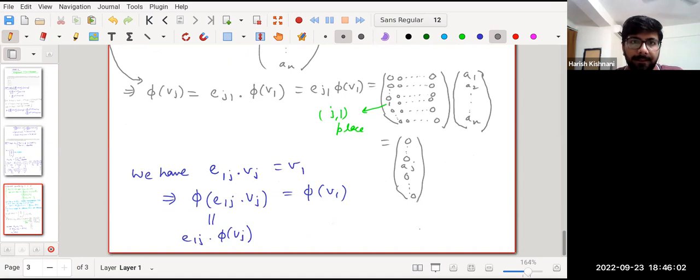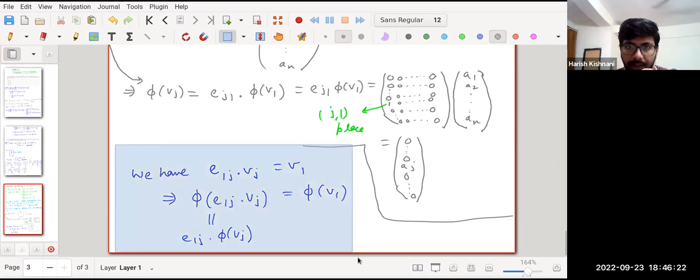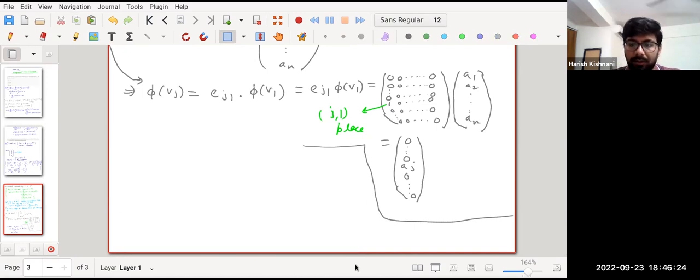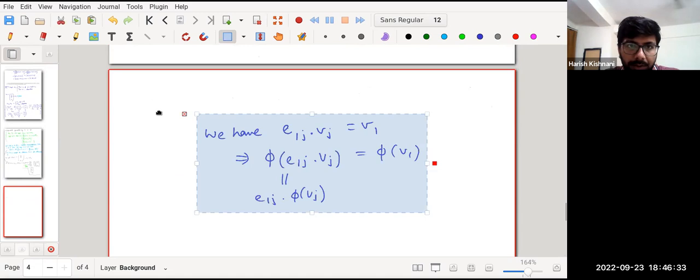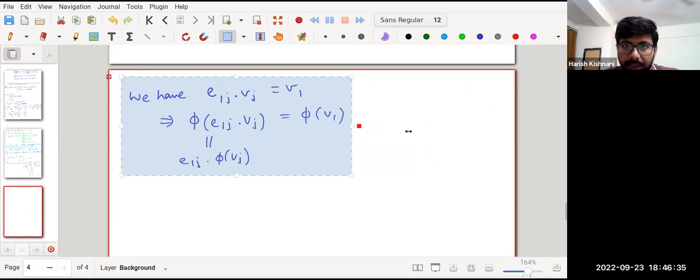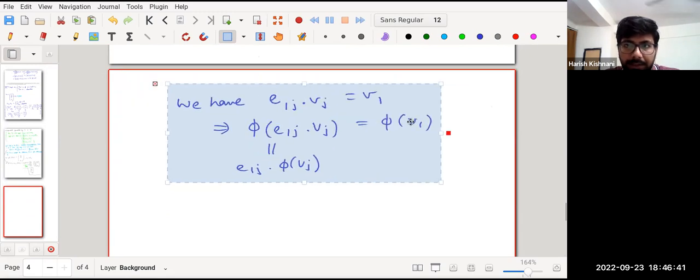Now, with the help of that, we computed this. Let me cut this portion and I will write it again on the next page. So now you have E_1j dot Vj is V1.